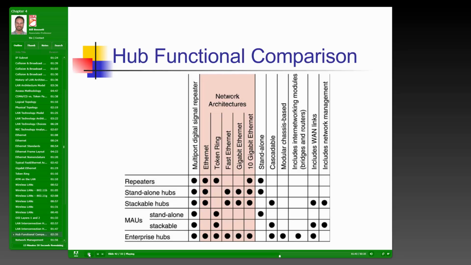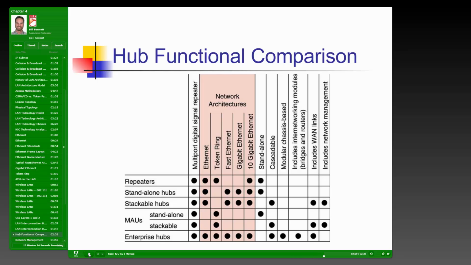So in this case, again, just taking a look at where you generally find these, the different network architectures that are supported by them, whether they're standalone, cascadable, they have a modular chassis, if they have any internetworking modules, if it includes WAN links, if it includes network management capabilities, and they've actually filled it in here for you.